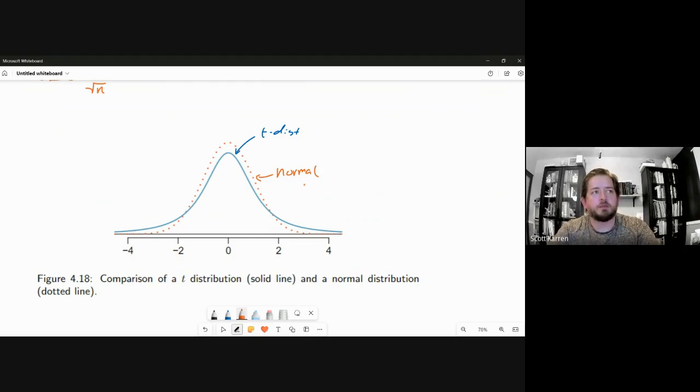But it is a little bit shorter, if you will, in the middle, and then the tails go out just a little bit longer. So what that does is it compensates for the lack of normality with a small sample size, and the probability of getting a value further from the mean in a t distribution is a little bit higher, right? And so that's the correction for, again, the small sample sizes that could skew the overall shape of your sample data.